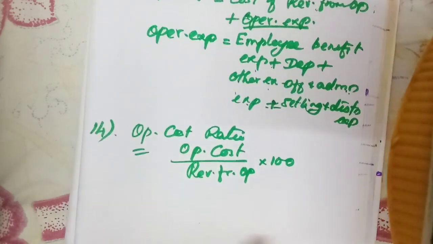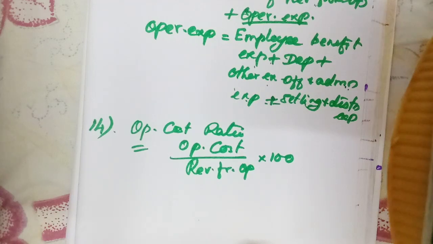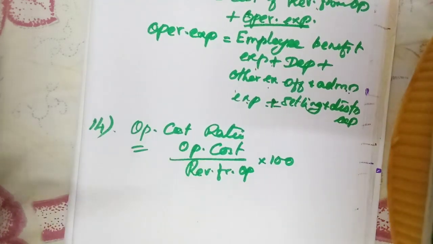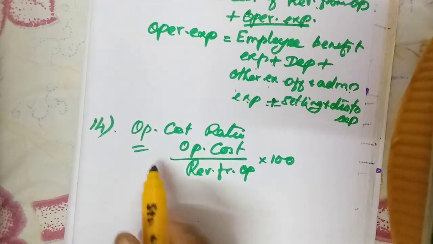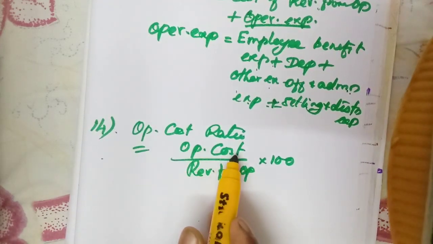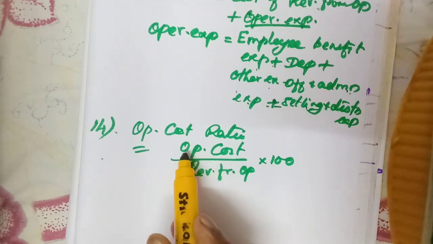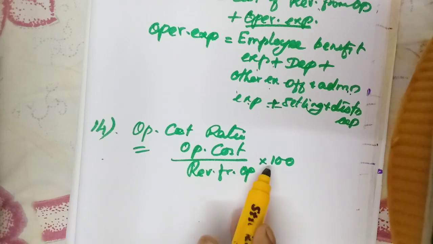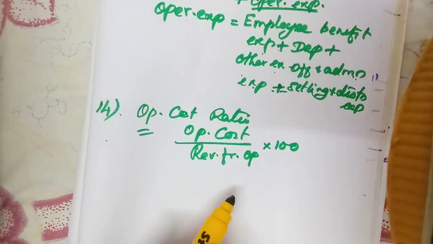Okay, we will do the 14th exercise, the operating cost ratio. First we need to write the formula: operating cost divided by revenue from operation into 100.